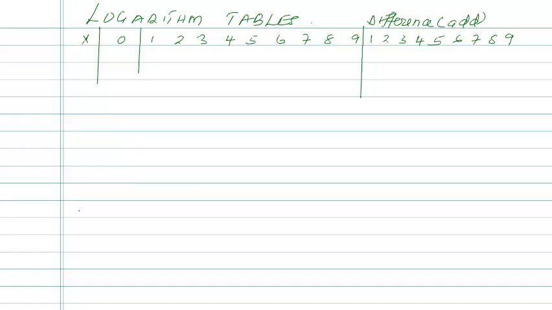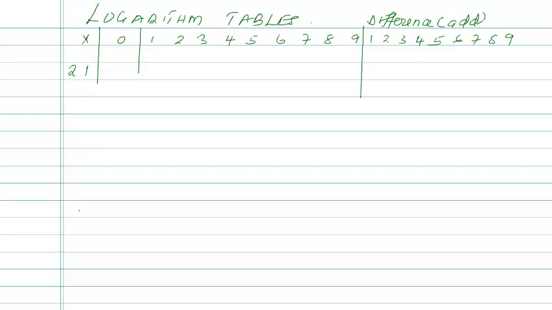For example, they may write for you 21 in the column of x. That one ought to be read as 2.1. And from that one, we can get, now from 0, they start giving other values which are in decimal form.